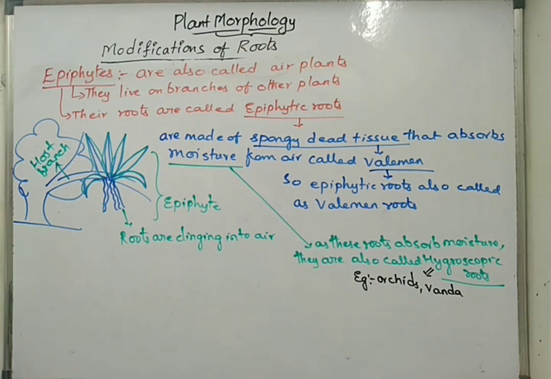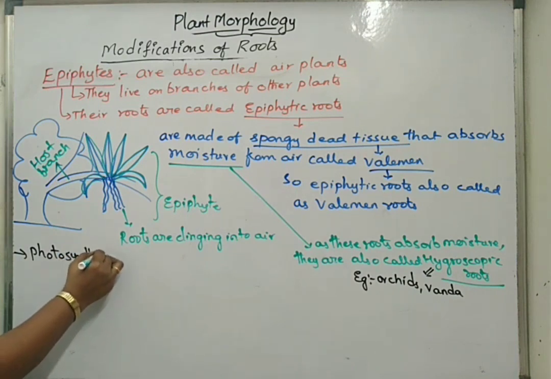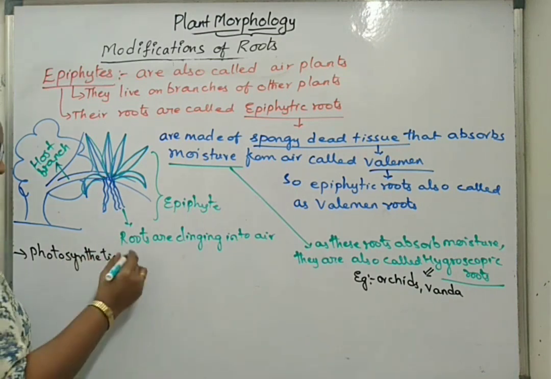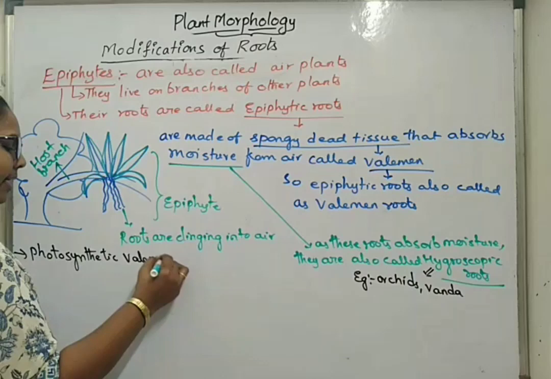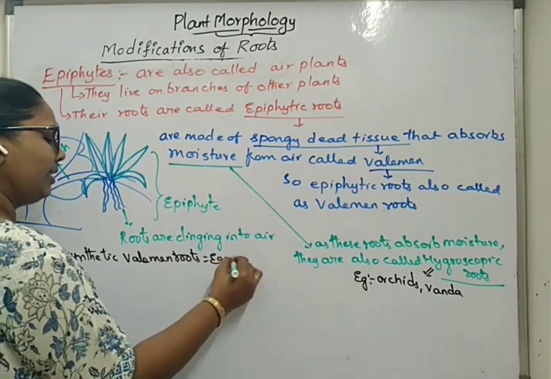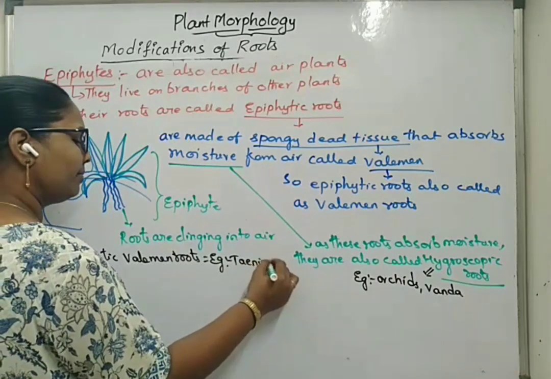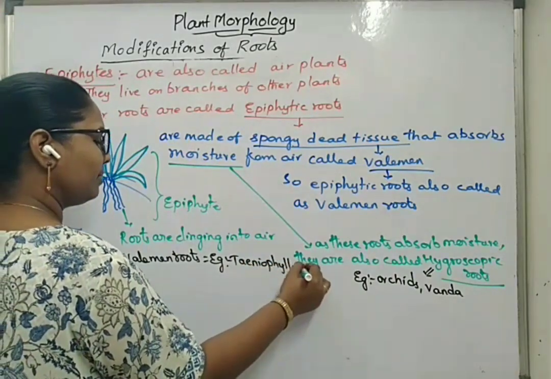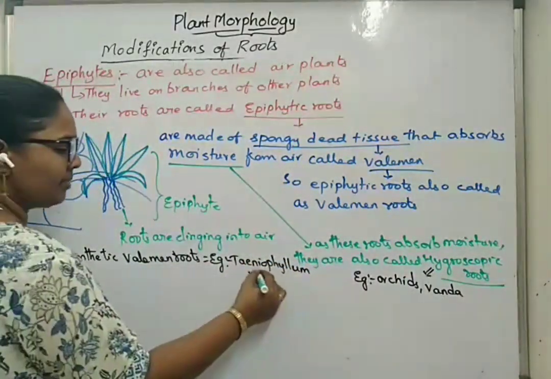Next, under velamen roots, photosynthetic, which are also green velamen roots, example, Taeniophyllum. This is an important MCQ.